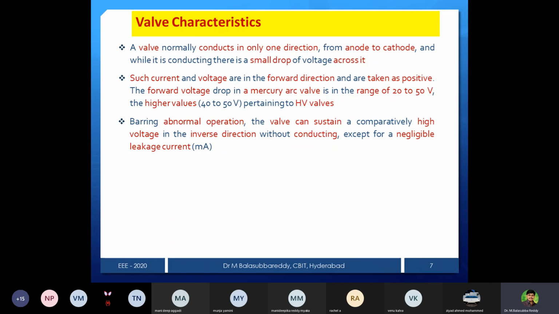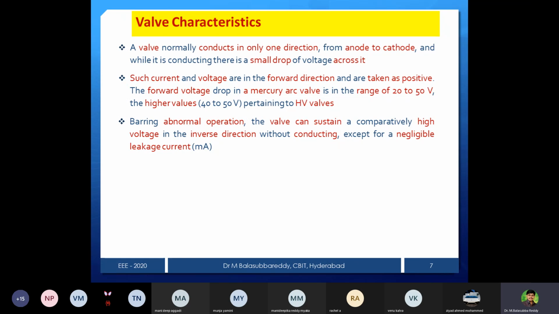That should not happen, because if it conducts there is no meaning of control. That is what we saw in the characteristics of SCR: forward breakover voltage and reverse breakover voltage. If the voltage is beyond a certain level, the device automatically conducts.